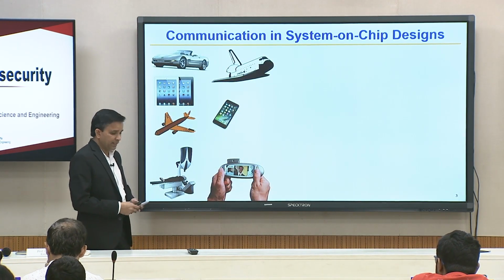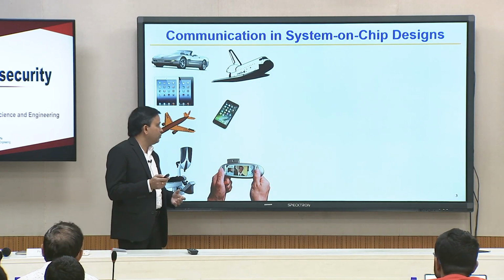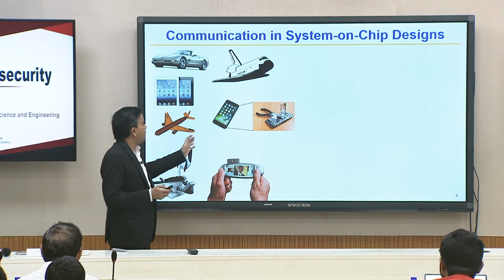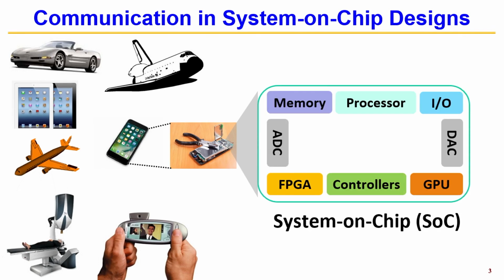But before I begin there, any device you look at, whether the form factor is small or big, whether it is a car, airplane, your phone, or gadgets, the core brain inside is a system on chip. Even in your phone there is at least one system on chip, there could be many. When you open that system on chip and zoom inside, conceptually you are going to see something like this.